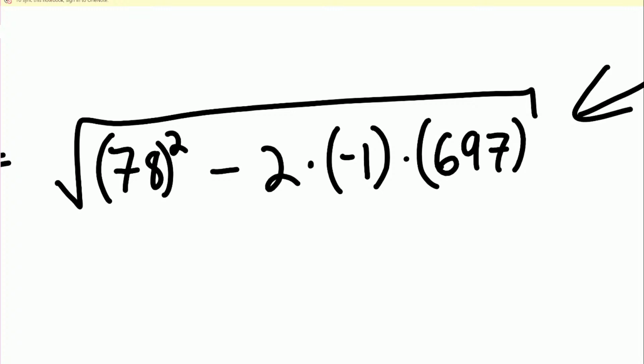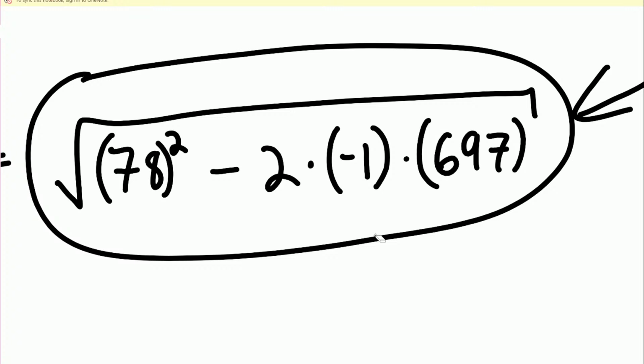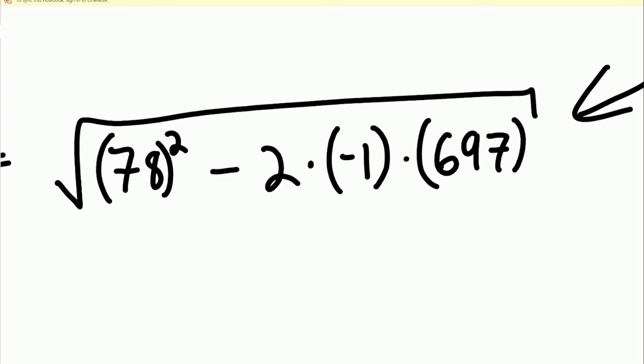Just this number right here. I just want you to write this down real quick, so you can look at that and then at what I'm going to be typing in a second. So I'm going to switch over to Desmos.